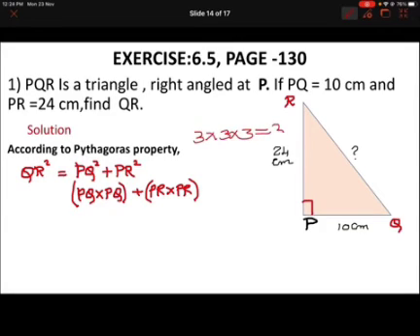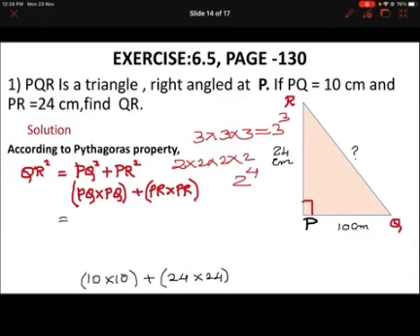If I write 3 into 3 into 3, the power becomes 3. If I write 2 into 2 into 2 into 2, then 2 is gaining a power 4. Children, please be clear. These are called exponential numbers.